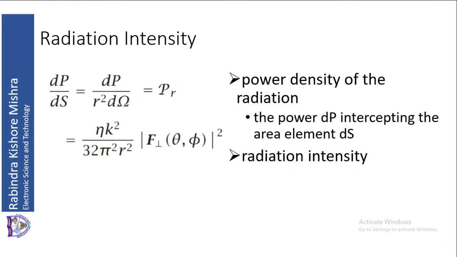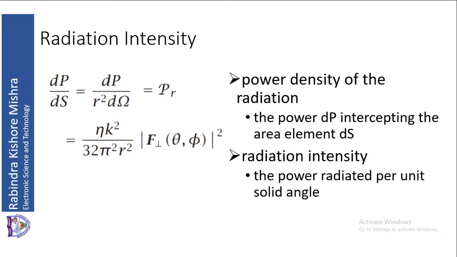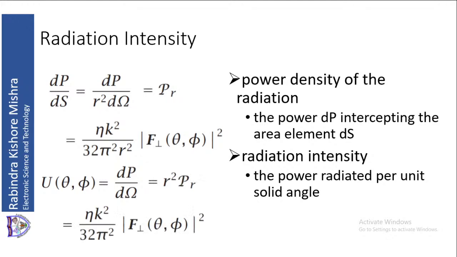Therefore we find the radiation intensity, which is dP by d omega, or the power radiated per unit solid angle. So U theta phi is equal to dP by d omega. That will be equal to r square into PR, or equal to eta k square by 32 pi square, absolute F perpendicular square. So that will be U theta phi.